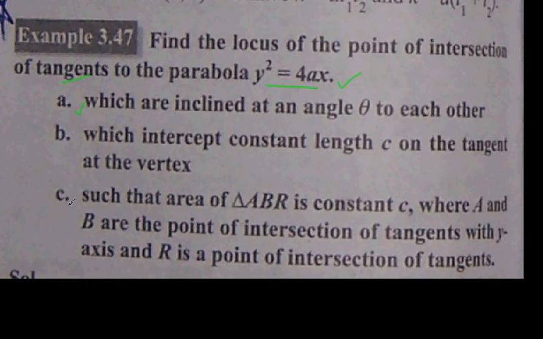And third, these tangents are such that the area of ABR is constant C, where A and B are the points of intersection of the tangents with the y-axis and R is the point of intersection of the tangents.